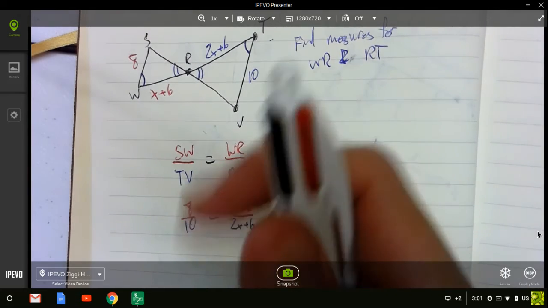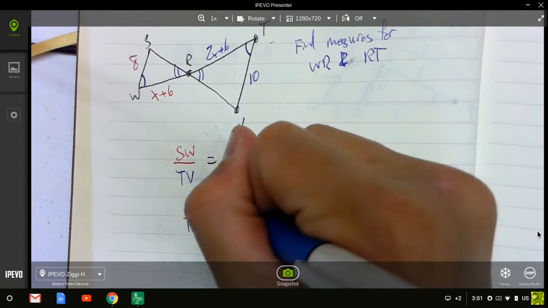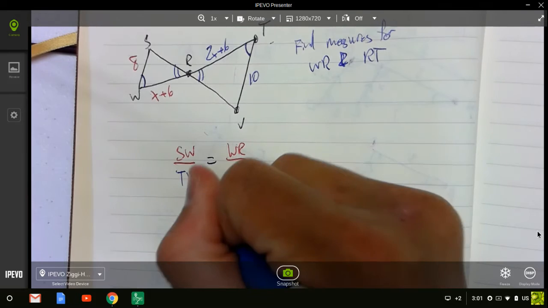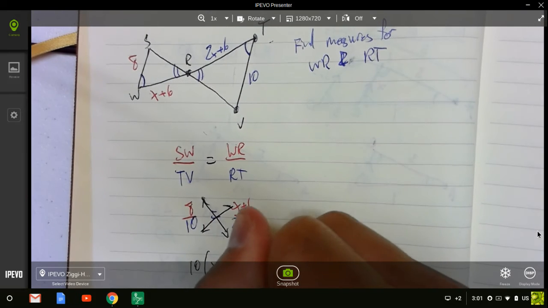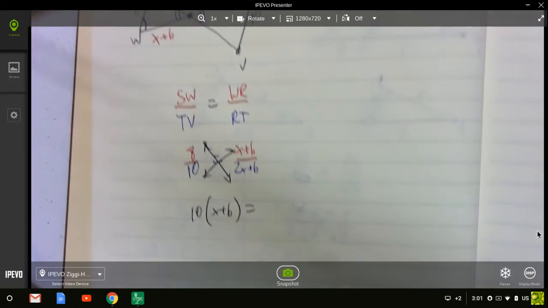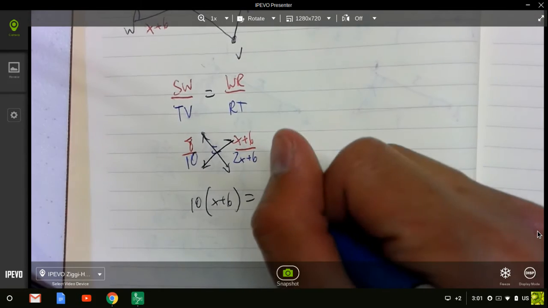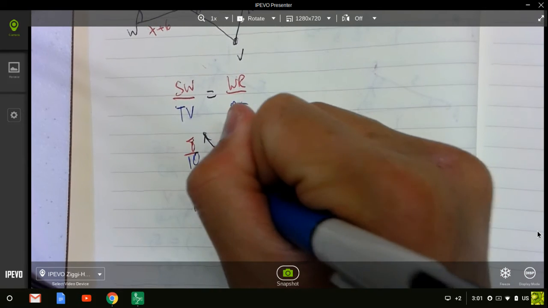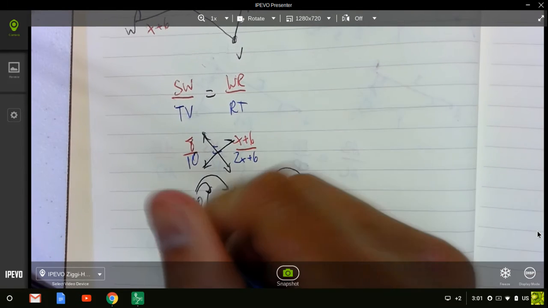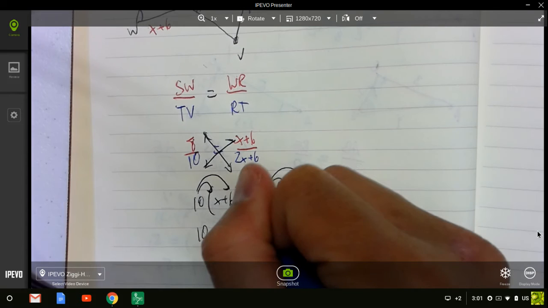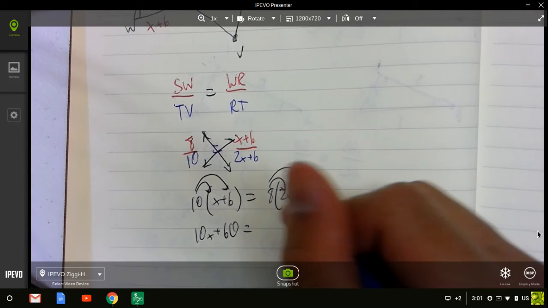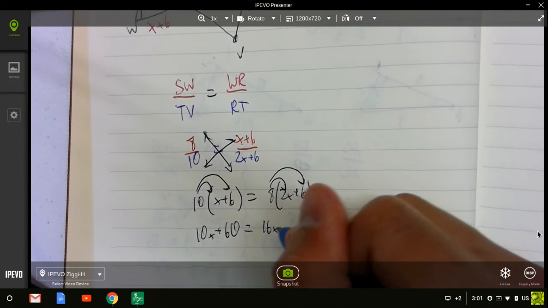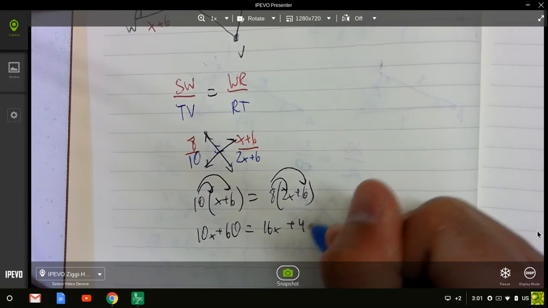We cross multiply, and you have 10 times (x plus 6) equal to 8 times (2x plus 6). Then do the distributive property: that gives 10x plus 60, and 8 times 2x is 16x plus 8 times 6 is 48.